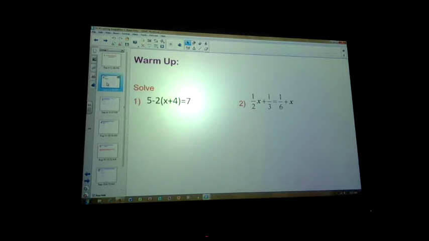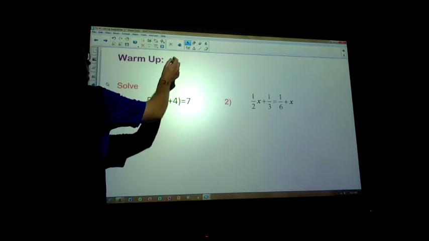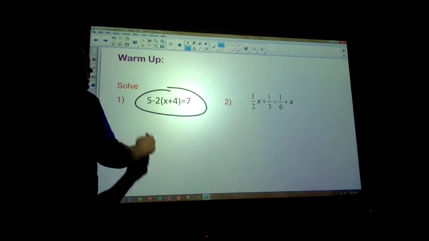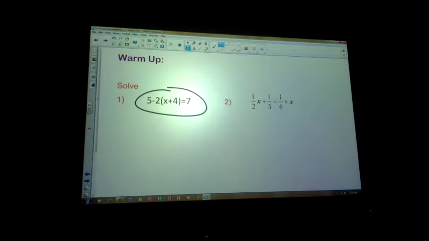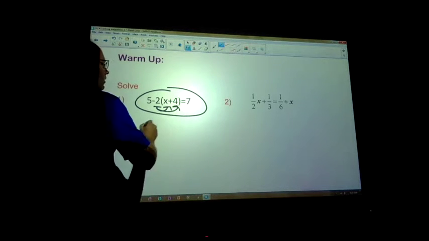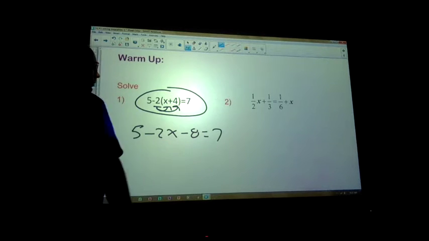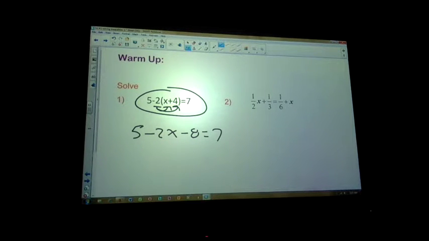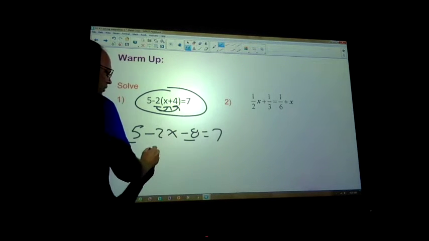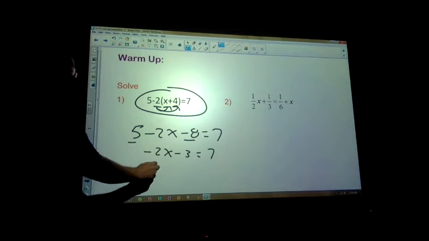These problems, well, we know how to do this. What do I have to do to this first problem right here? Distribute what? Negative 2 here and here, right? So I'm going to get 5 minus 2x minus 8 is equal to 7. Combine like terms, so 5 and negative 8 are like terms. And then add 3, right?